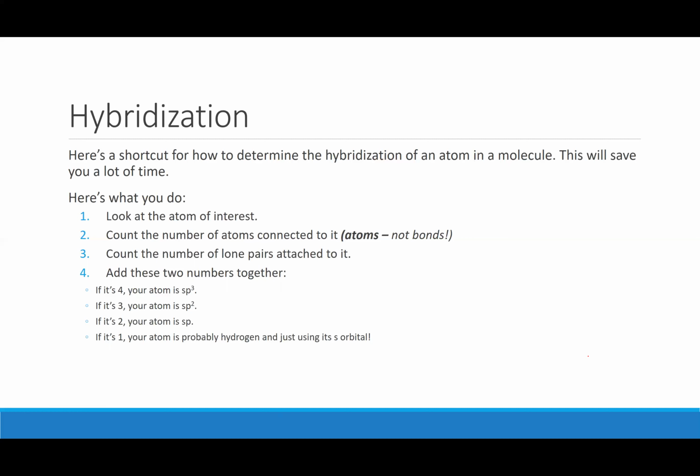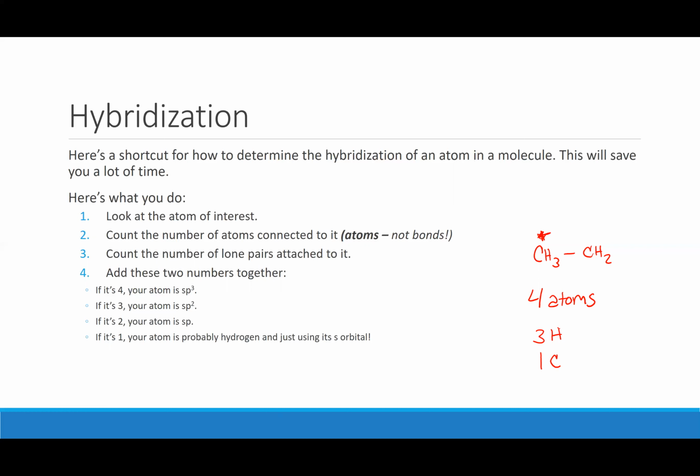That's key, atoms, not bonds connected to it, but atoms. So if you see something like this, let's say I want the hybridization of this carbon, remember that it has 4 atoms connected to it. It has 3 hydrogens and 1 carbon connected to this atom.